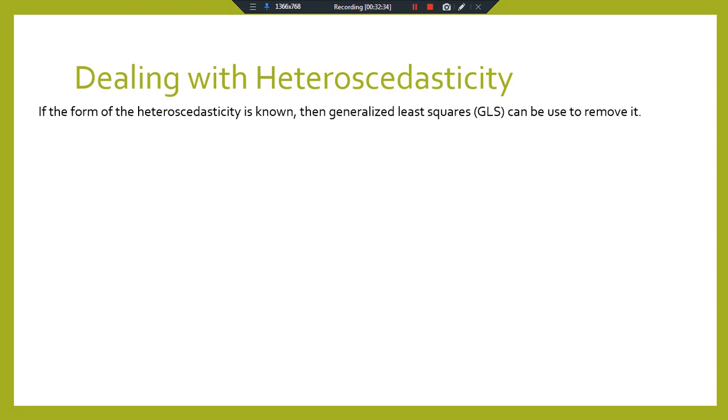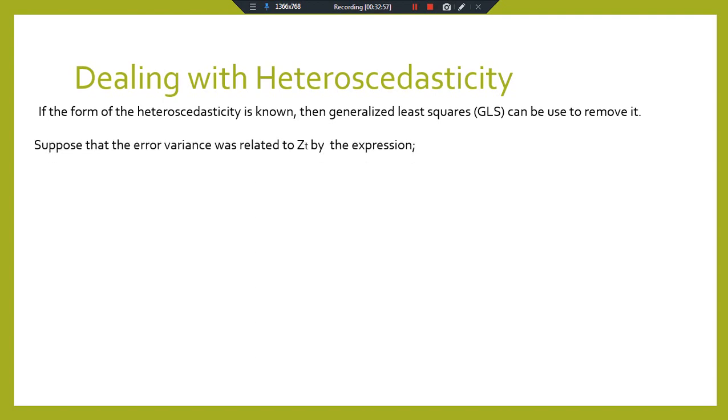But first you have to know what type of heteroscedasticity exists, whether it exists because of an outlier, an incorrect functional form, or a wrong transformation.